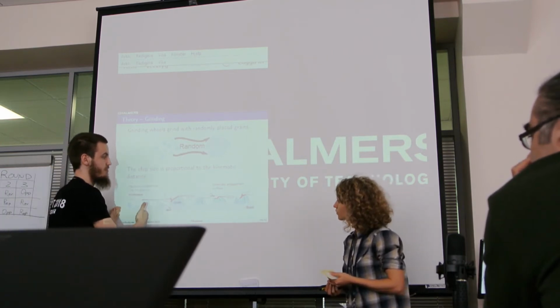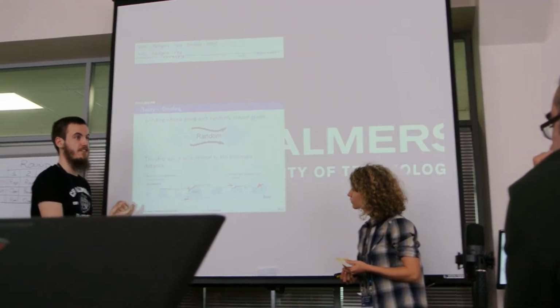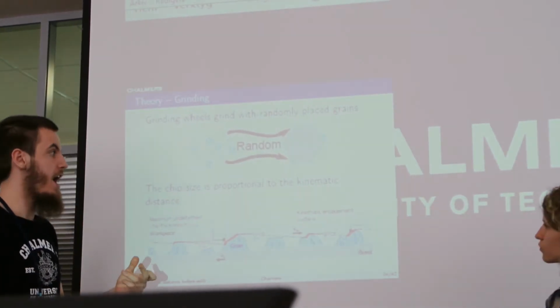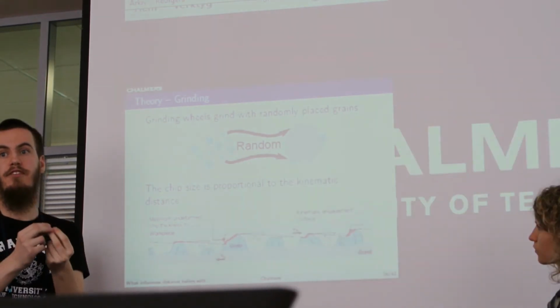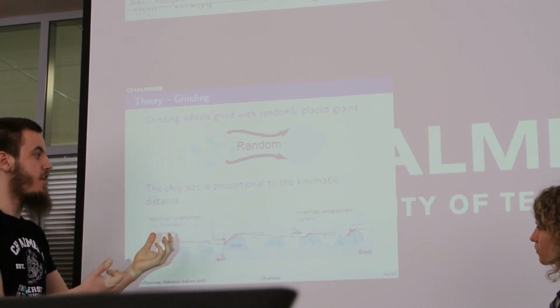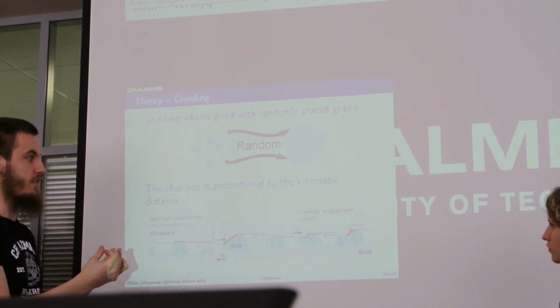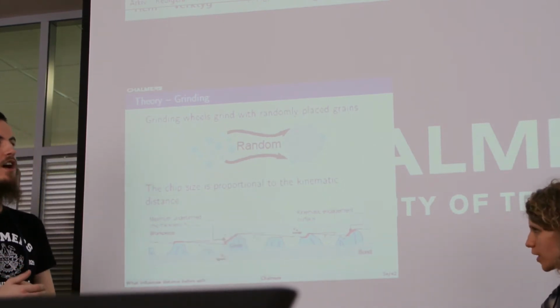But we have a constant circumference, and when the number of teeth decreases, the average distance between two teeth increases, right? And the size of the chips, the chips are the pieces of metal that turn into sparks. The chips have a size proportional to this distance. So when we decrease the number of teeth, we get larger and larger chips, in a proportional way, so it's a linear dependency.